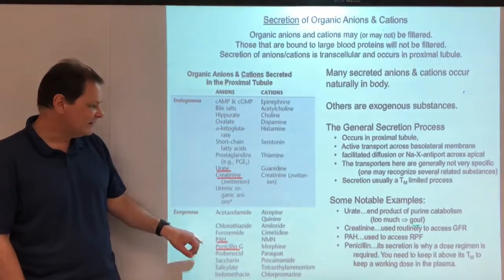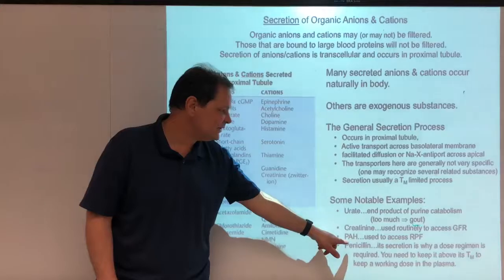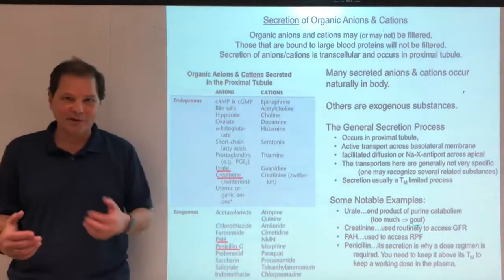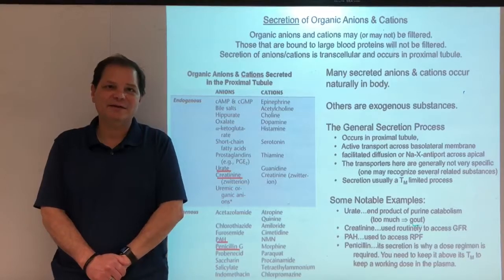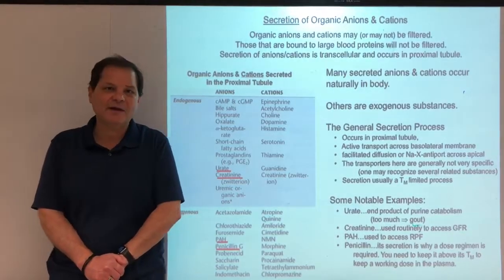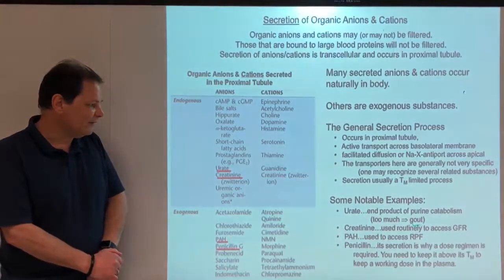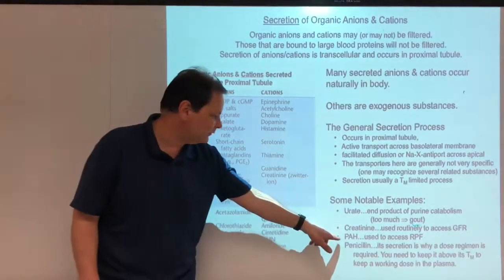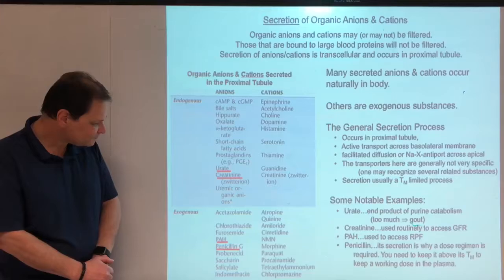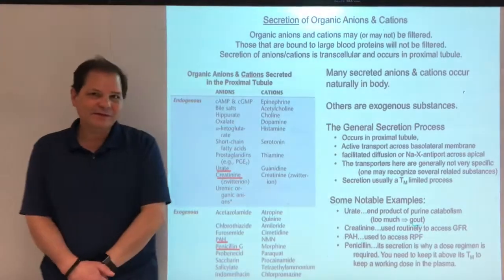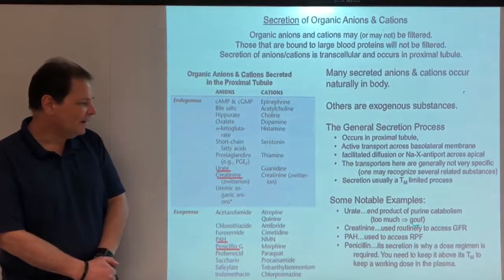Notice in terms of exogenous substances, PAH, an important one, that is really robustly secreted, so that effectively everything that enters the kidney is removed from the plasma and excreted in the urine, which means we can use it to measure or at least imply renal plasma flow. Penicillin, obviously an antibiotic, very common.